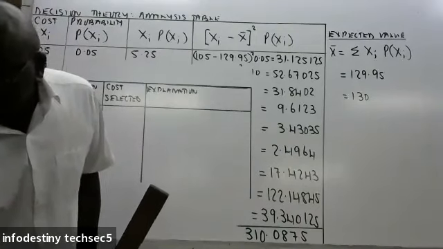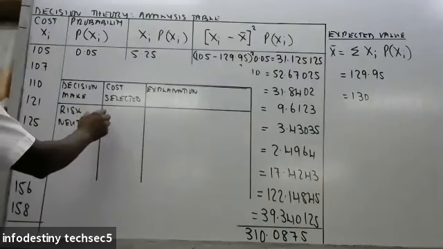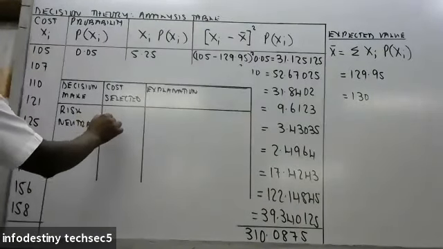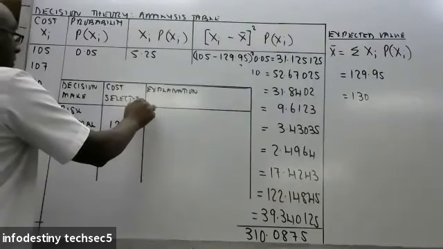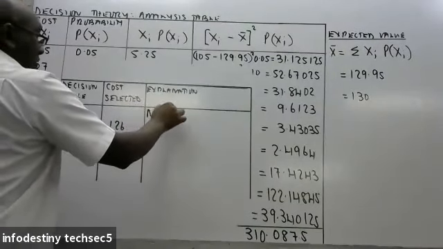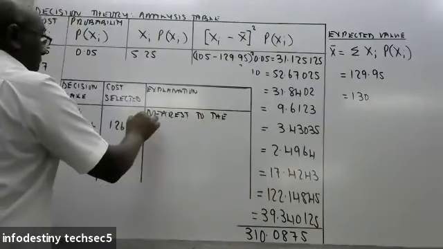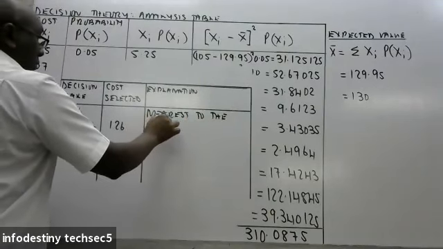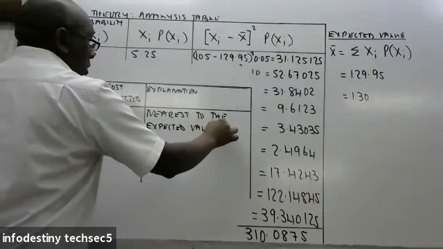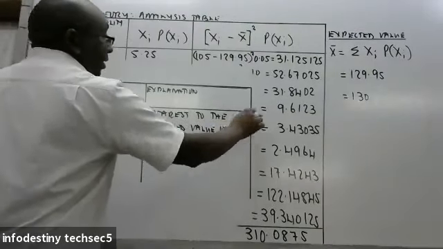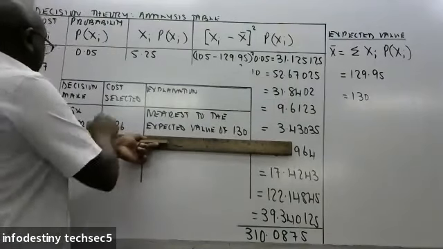So for him, he will go for 126. Why? It is the nearest to the average or to the expected value of 130.